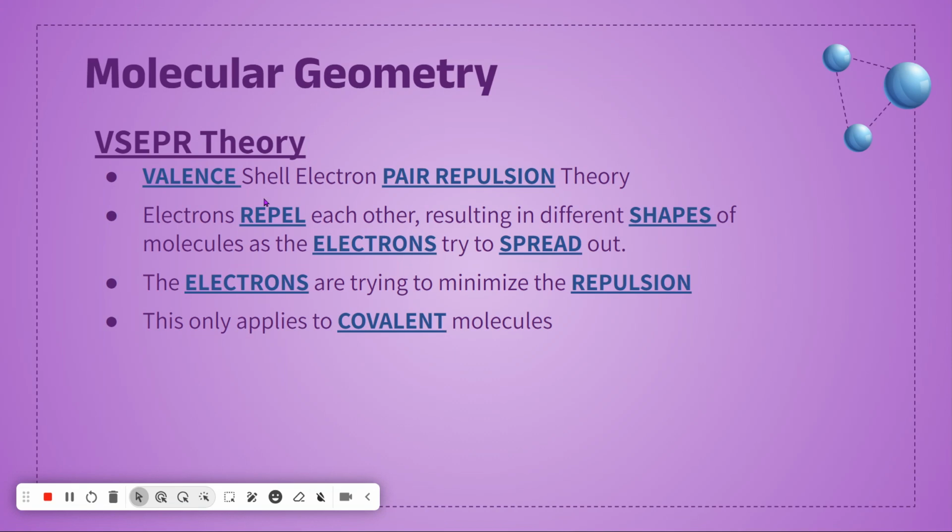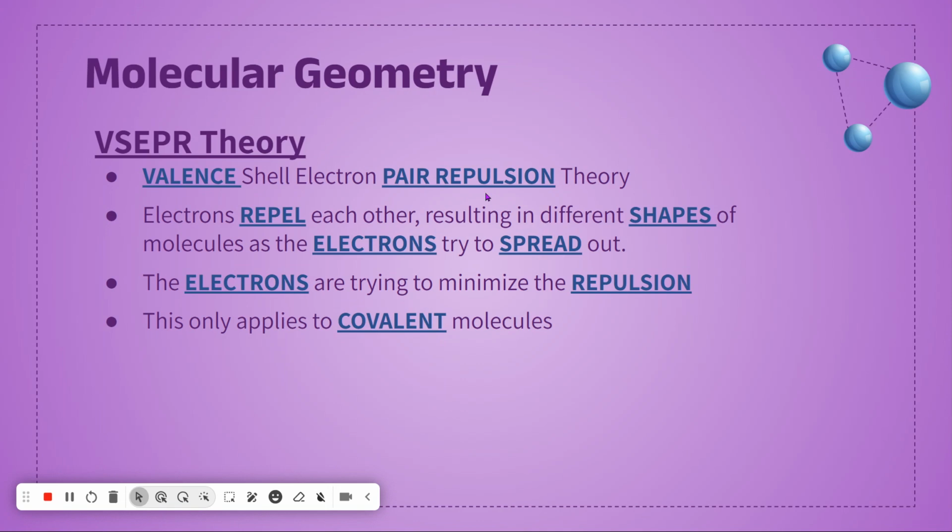Now, if you just look at that as one big thing, it's like, what does that mean? But we can break it down. We know the valence shell is the outermost energy level. An electron pair is two electrons. So we're looking at electron pairs in the outermost energy level. Repulsion, when I think about repulsion, I think of, ooh, get away from me, you stink, or I don't want to be by you, something like that.